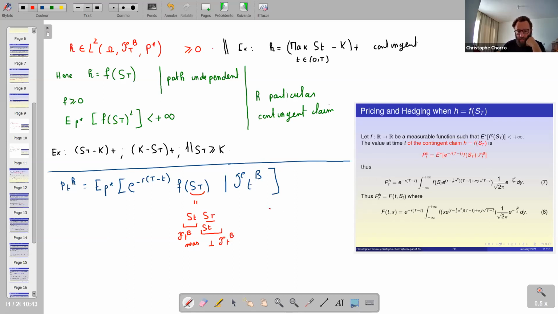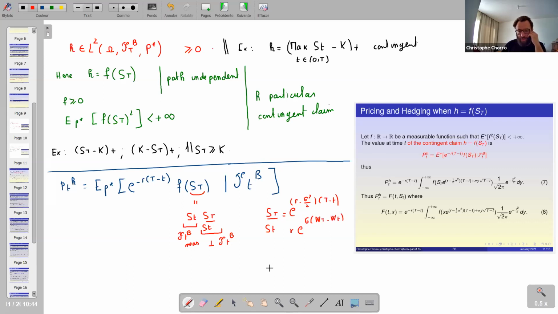I remind you that S capital T over S_t may be written simply as exponential of (R minus sigma squared over 2) times (capital T minus t), multiplied by exponential of sigma times (W capital T minus W_t).